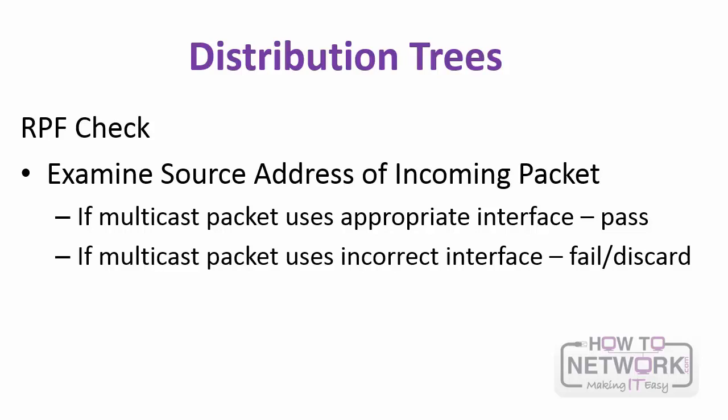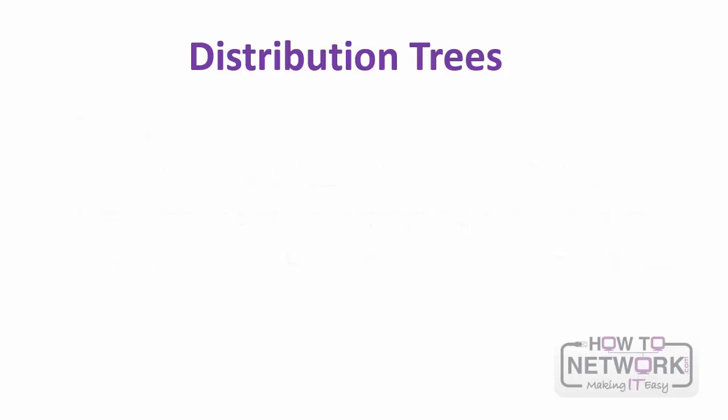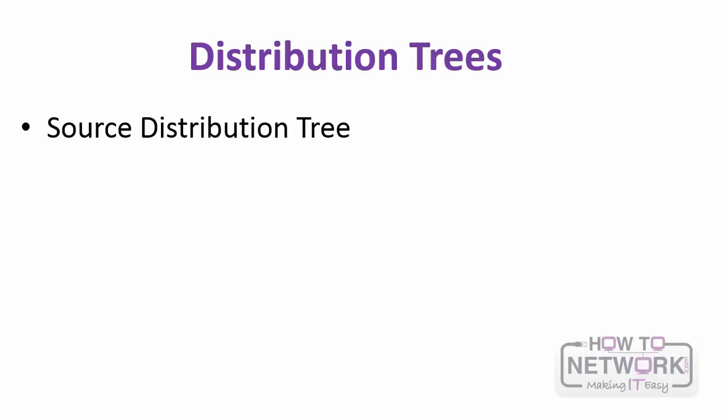Multicast traffic flows from a source to a destination over a distribution tree, which is a loop-free path. Now, there are 2 types of distribution trees. A source distribution tree creates an optimal path between each source router and each last hop router.